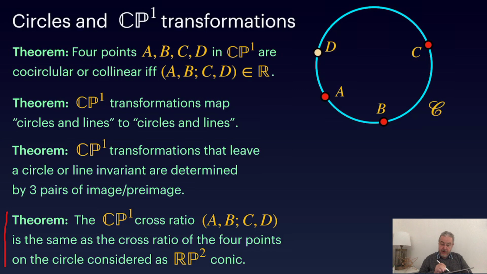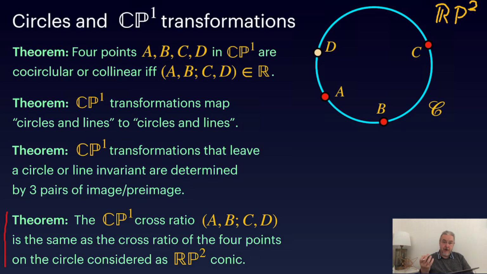The cross ratio that you get here is the same as the one that you get when you take the 4 points and the circle and embed it in RP2, not in CP1, consider the circle as a conic C, and calculate the cross ratio of those 4 points.